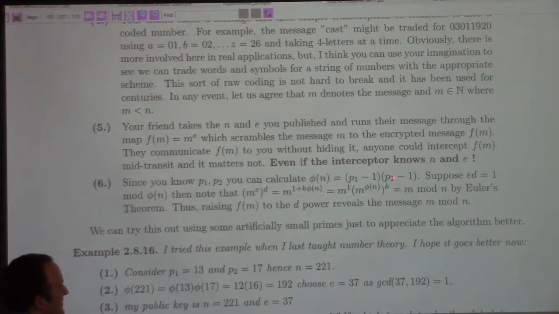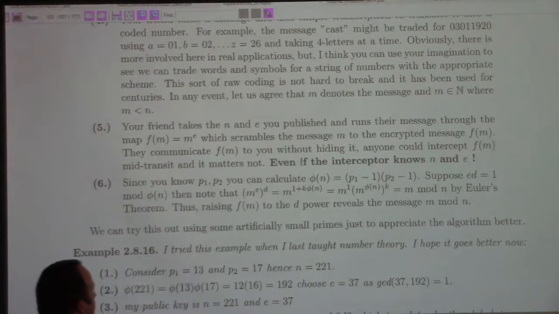And since you know that, and you know that ed, well, d is the decryption exponent, so de is equal to 1 mod phi of n. Then you apply the decryption exponent to your message, and by Euler's theorem, this is just 1 again.